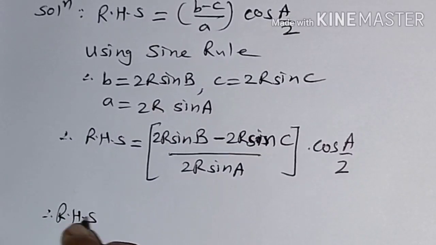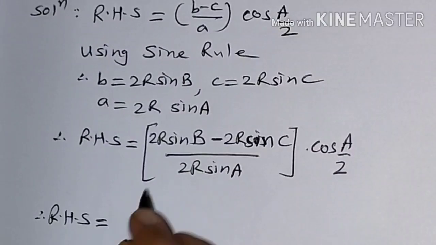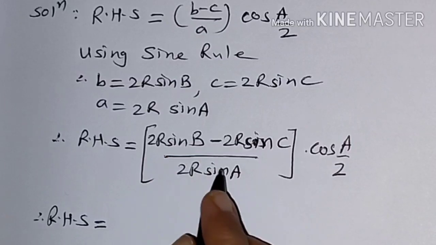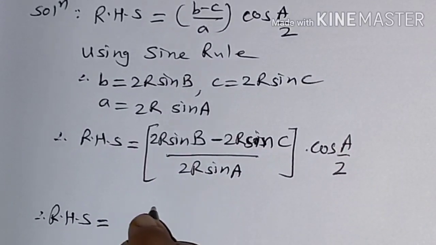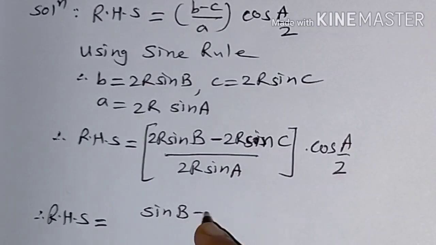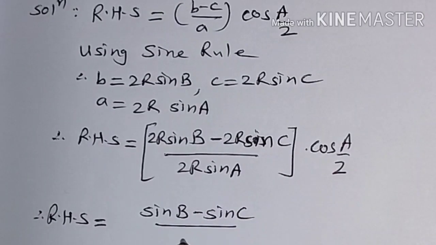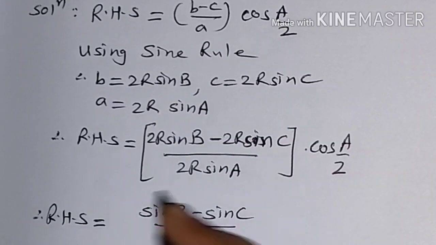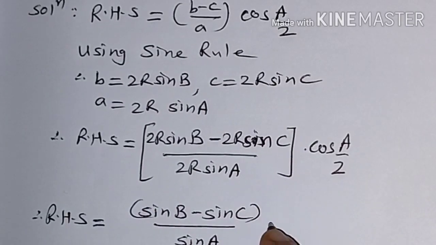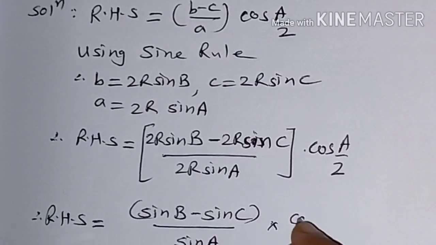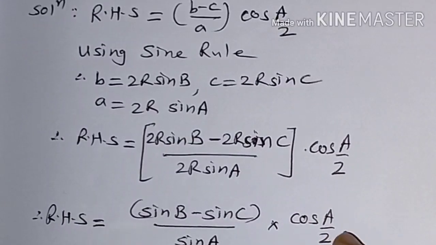Therefore, RHS is equal to, this 2R we can cancel, we will have (sine B minus sine C) upon sine A into cos of A by 2.